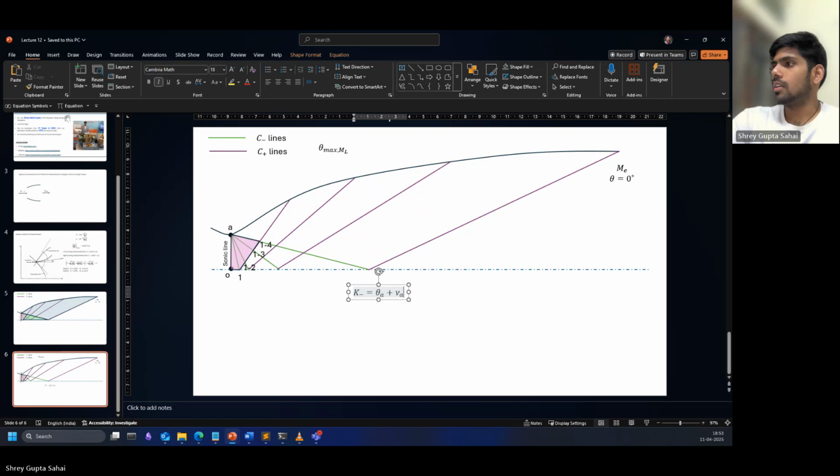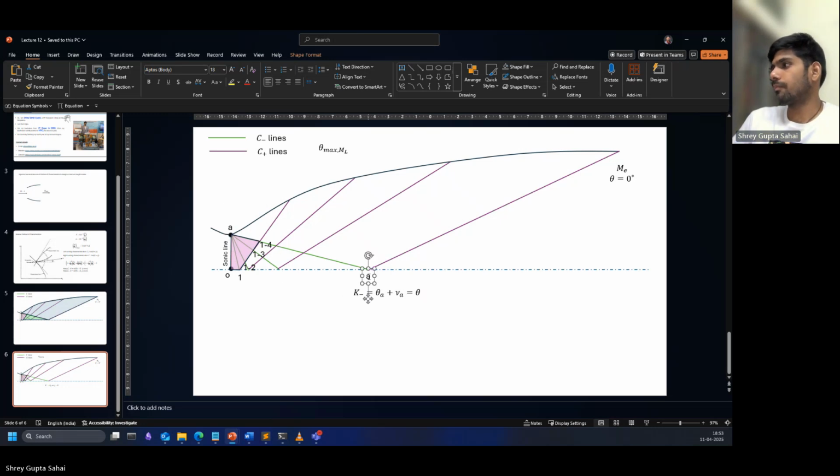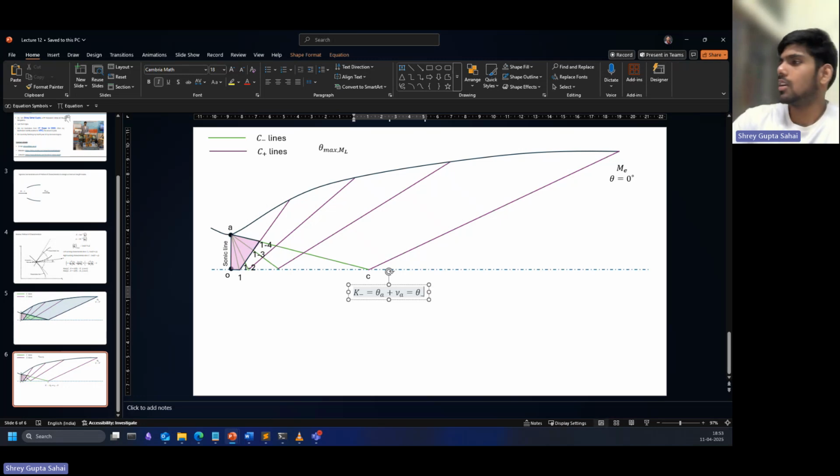Let's call this point, for the time being, point C. So now theta C plus nu C. Now we know a little bit about theta A and nu is fine.